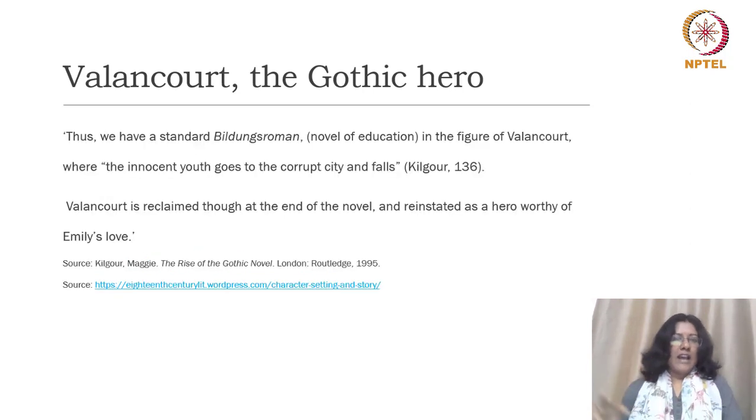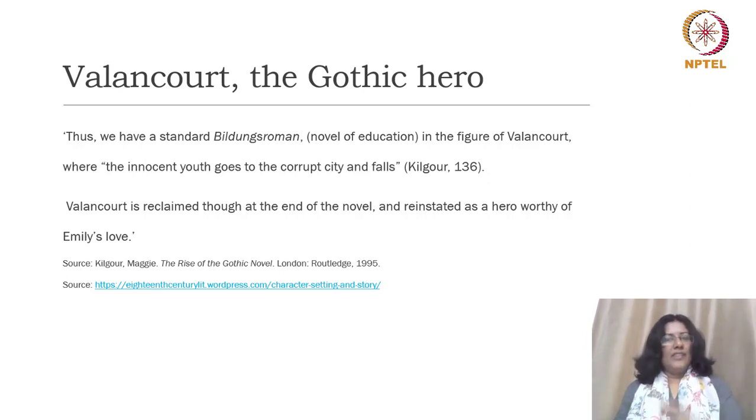So we also have another Bildungsroman, and this Bildungsroman is in connection with Valancourt. Just as we see Emily growing up, we also see Valancourt growing up into a mature figure.